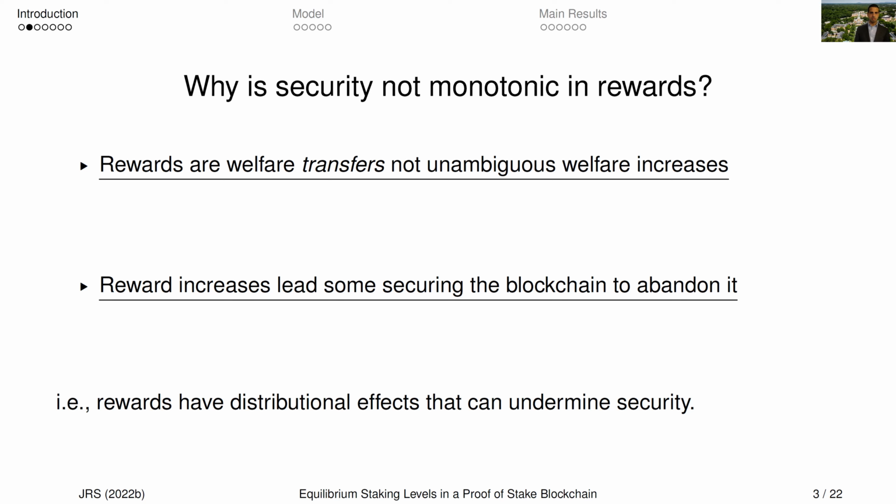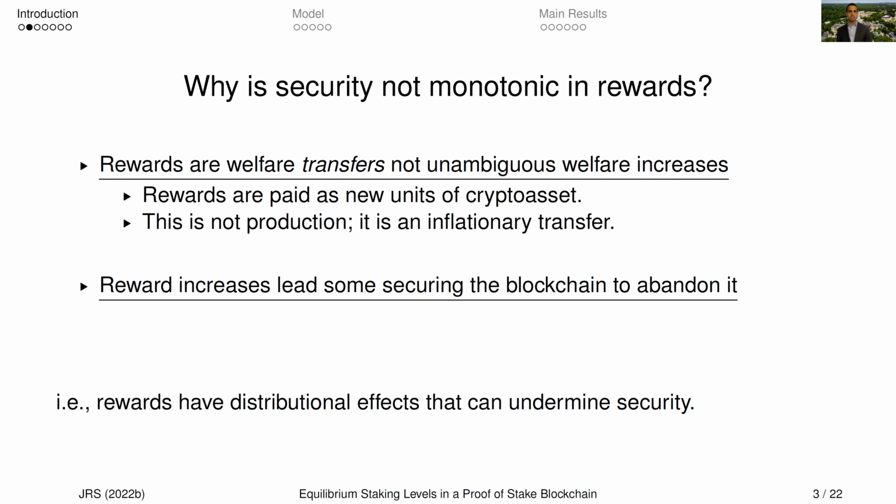But let me clarify both of these points on the slide here in a little bit further detail. On the first point about rewards being transfers and not unambiguous welfare increases, the key institutional detail here is that rewards are just increases in the supply of the crypto asset, right? People are generally familiar with Bitcoin and its block reward schedule, where every block there are a bunch of new coins that are minted and given to the so-called miners.